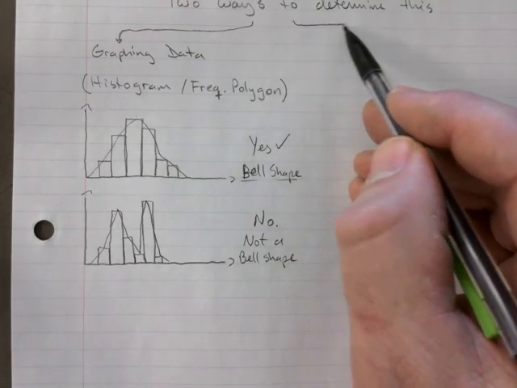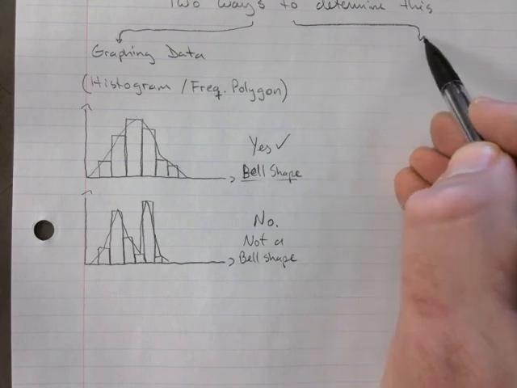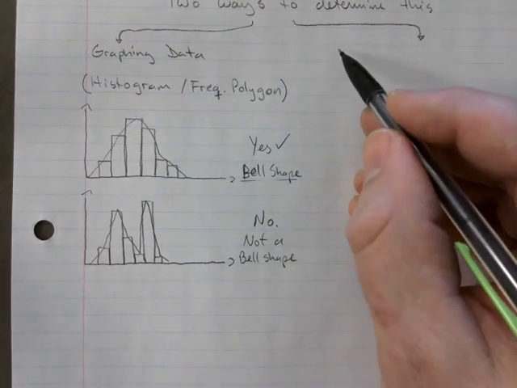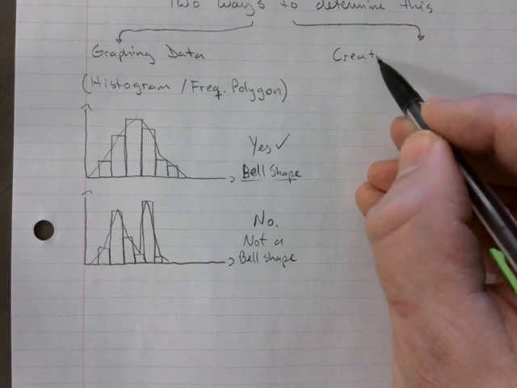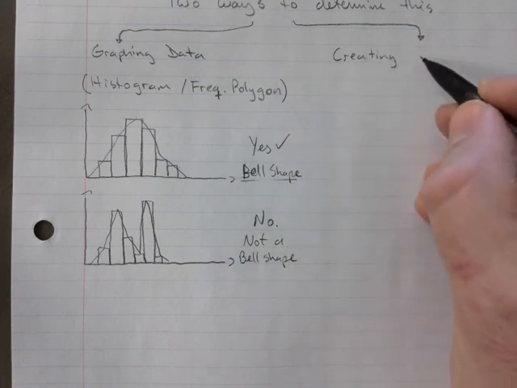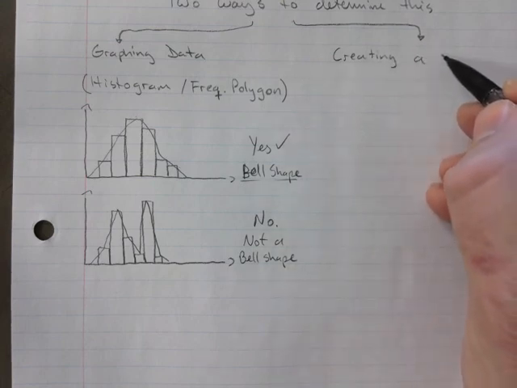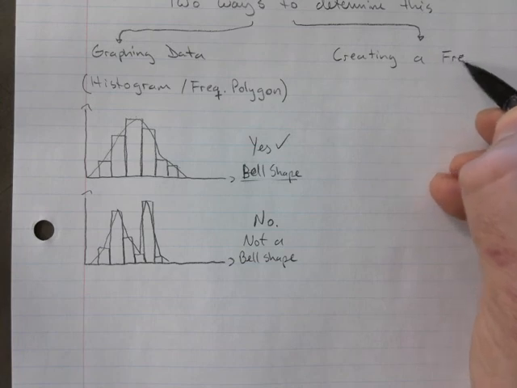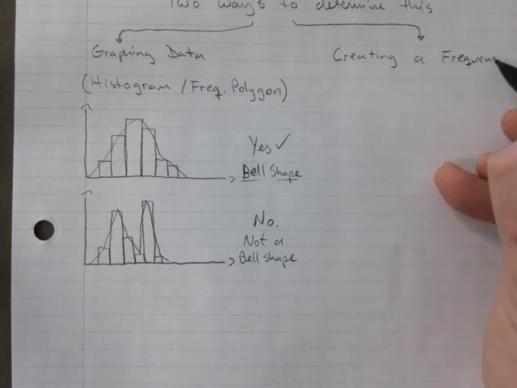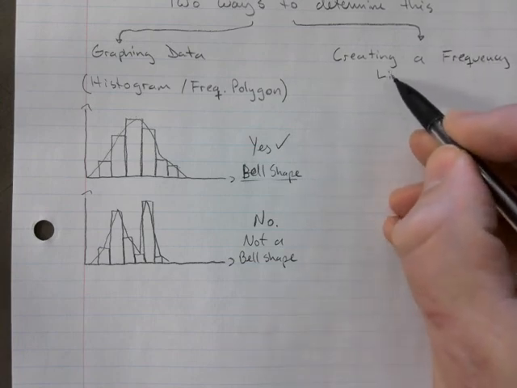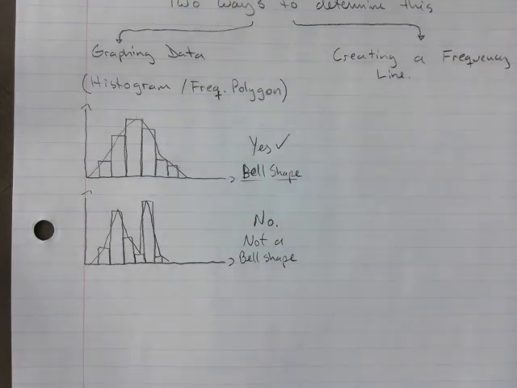The second way, that's what I'm going to focus on today, is creating what I call a frequency line. And I came up with this because graphing it every time is so time consuming, so tedious. We need to have a faster way of doing that.